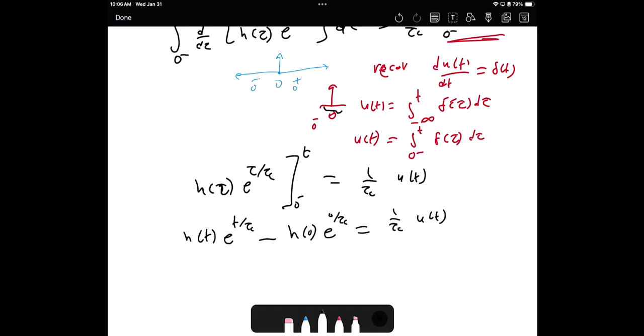Our target is to find h of t. We know this factor equals 1.